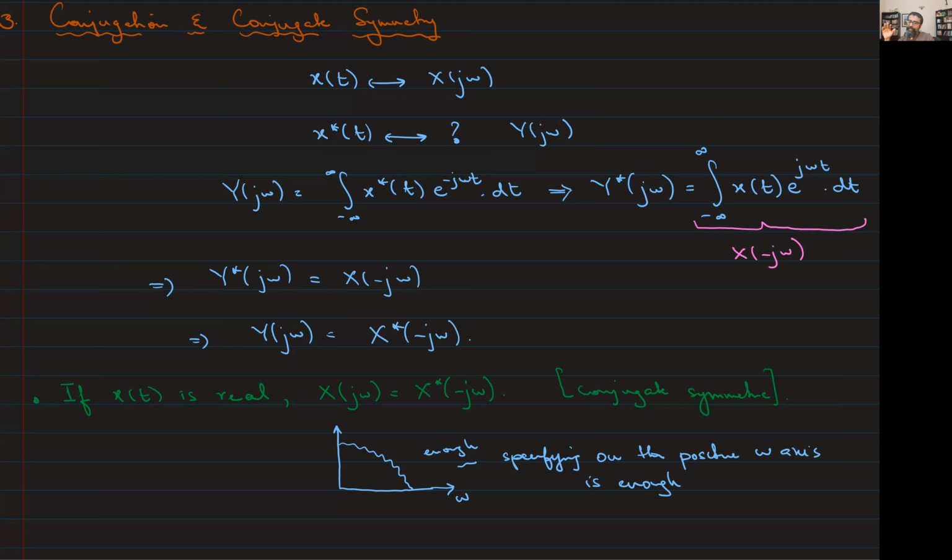So specifying it for negative frequencies does not add any additional information, because there's a relationship between the two. That's why for real signals, we often display the Fourier transform only for positive frequencies, not for negative frequencies.